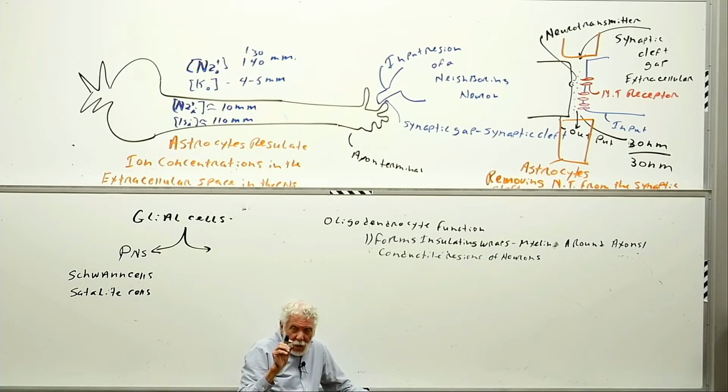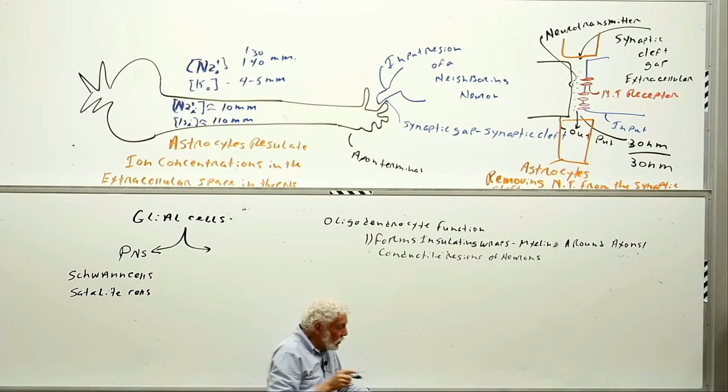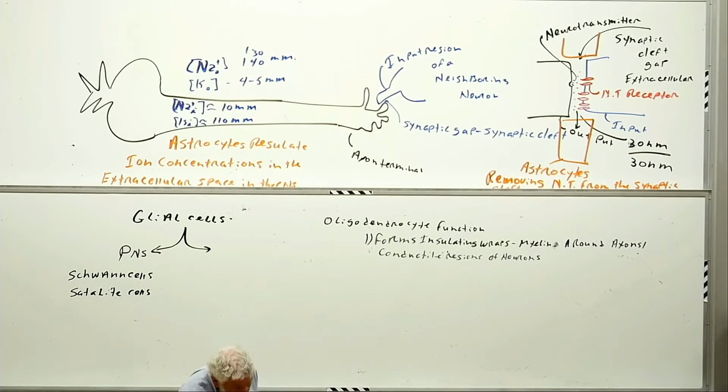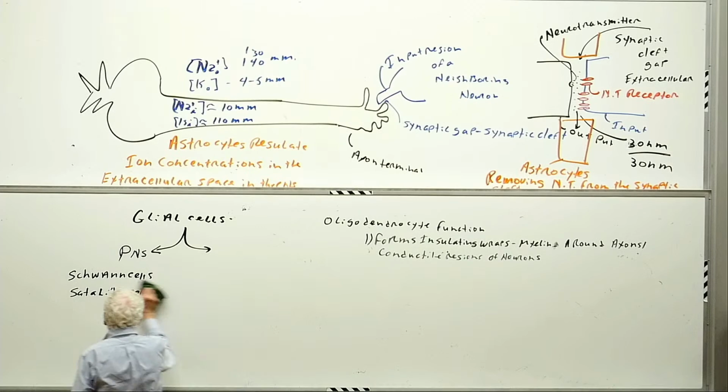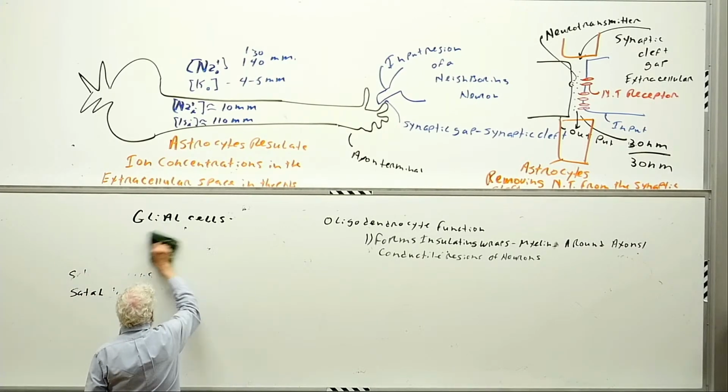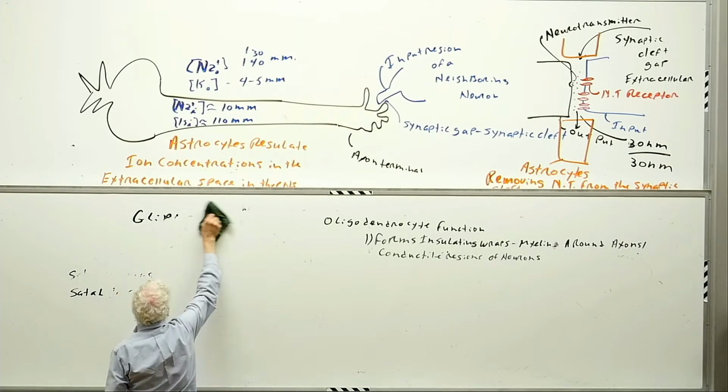What I want to do now is think a little bit about how these oligodendrocytes perform this function. I want to leave the Schwann cells in the peripheral nervous system for a little later. I'm going to draw an imaginary axon.